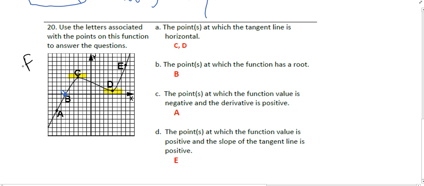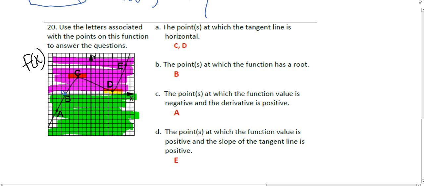And remember, this is the graph of the function. And letter C says the point at which the function is negative and the derivative is positive. So everything below the x-axis, the function value is negative, and everything above has a positive function value.